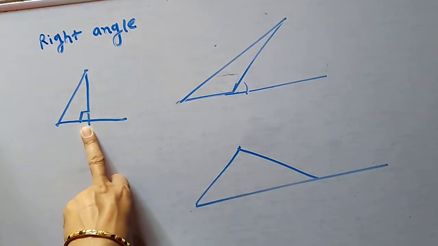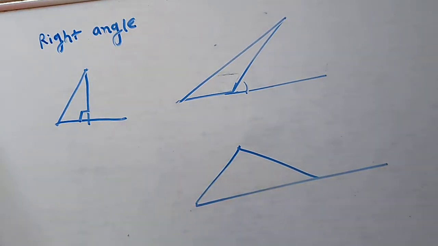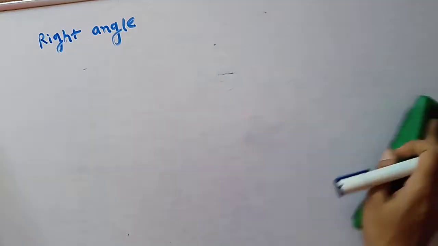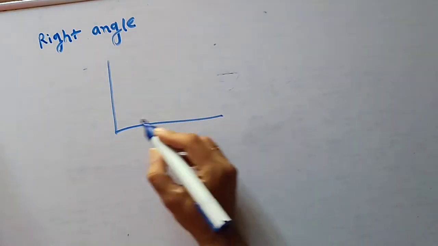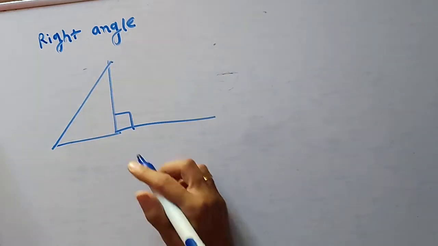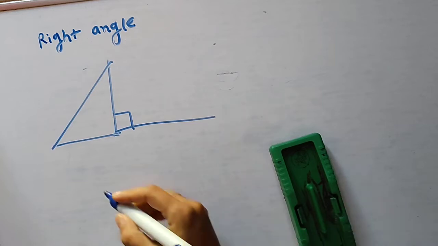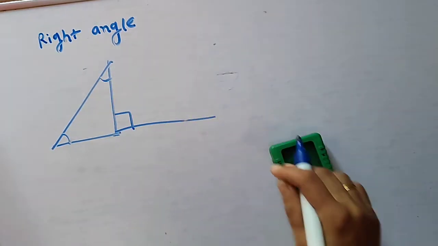So we can say about each of the interior opposite angles when the exterior angle is a right angle. In this figure both interior angles are acute angles.